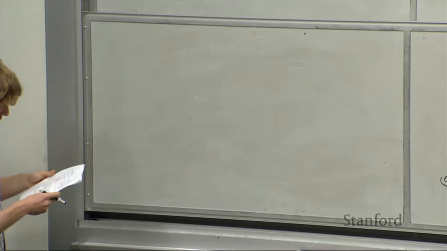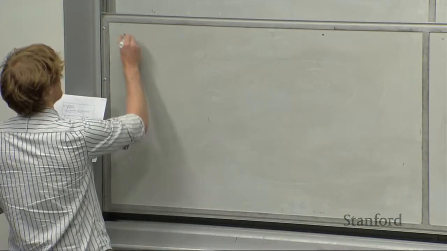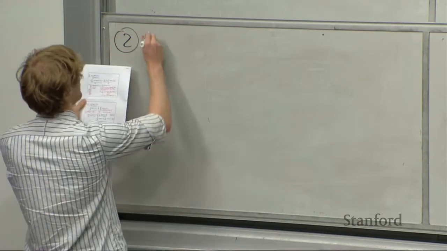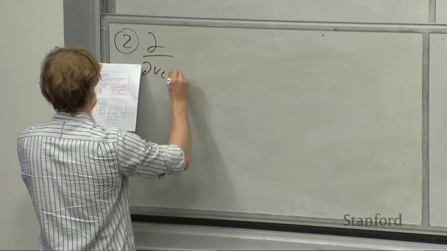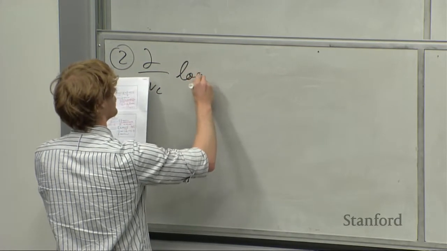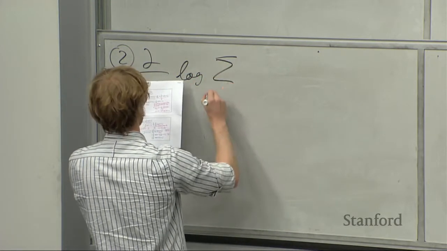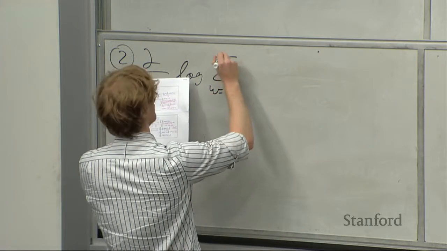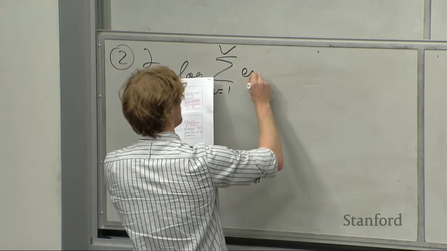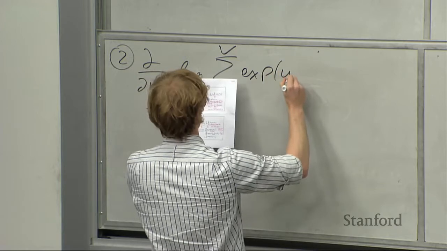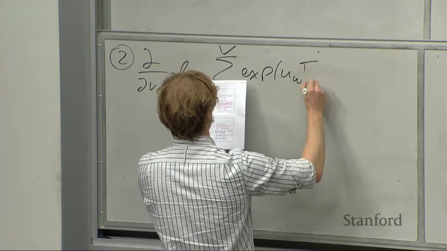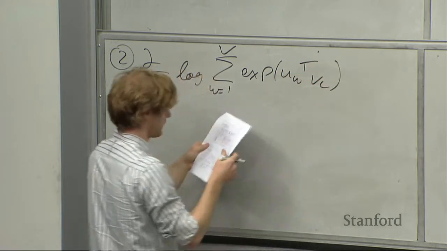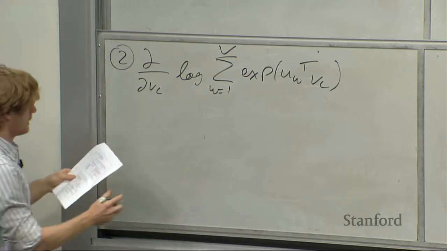All right, so let's look at this second step here. I have the derivative with respect to v_c still of the log of the sum over all the vocabulary of the exponent of u_w transpose v_c.